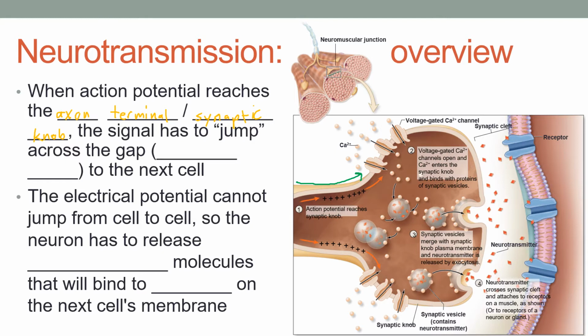Somehow the signal has to clear the synaptic gap here, the synaptic cleft. Occasionally, these two cells will fuse with a gap junction, allowing the electrical signal to pass directly from one to the other. But almost always, we use a different mechanism called neurotransmission.